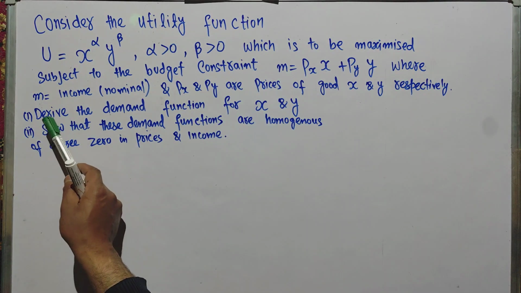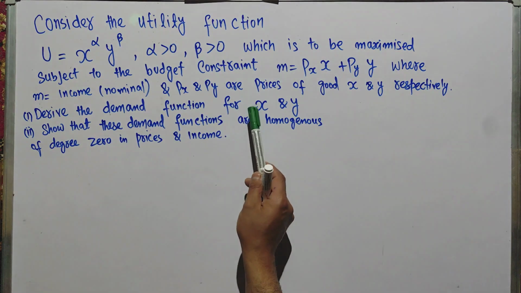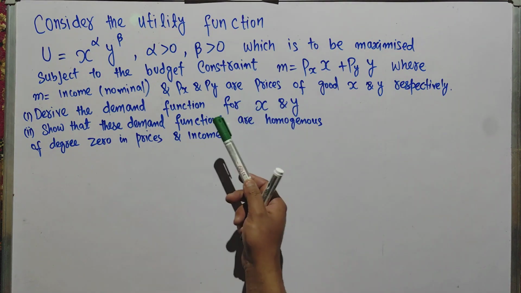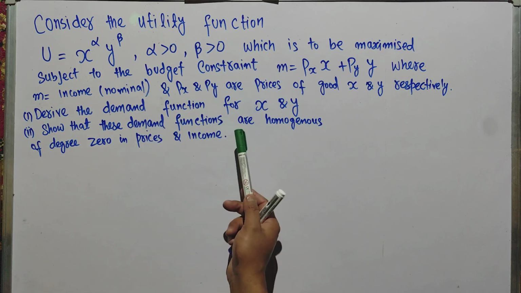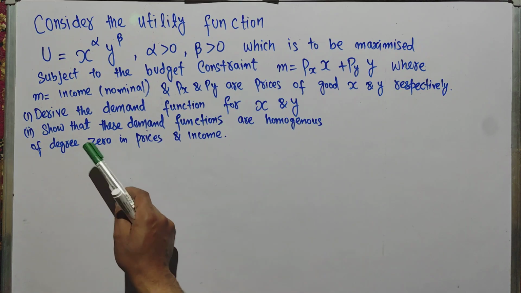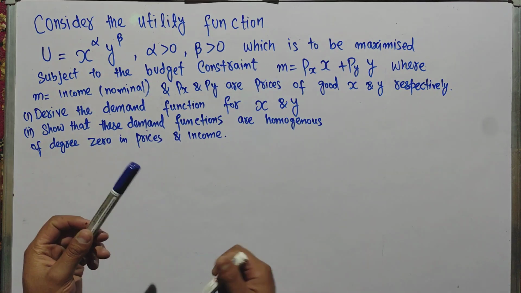We have to derive the demand functions for good x and y, and we have to prove that these demand functions are homogeneous of degree 0 in prices and income.